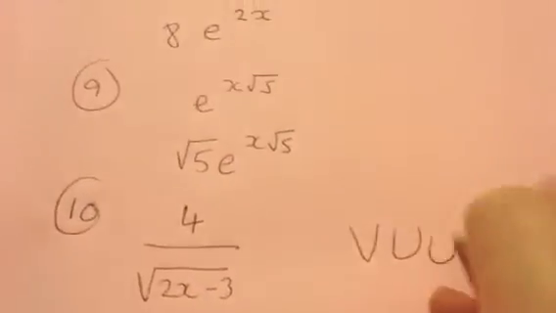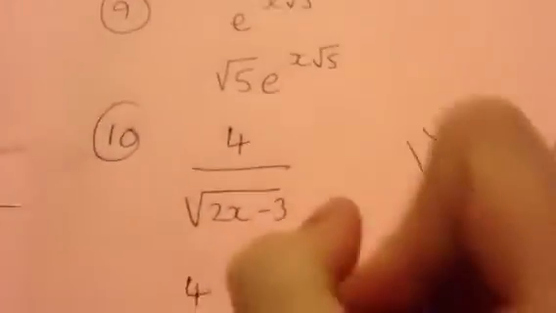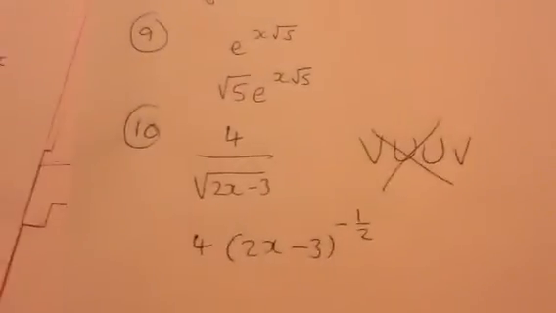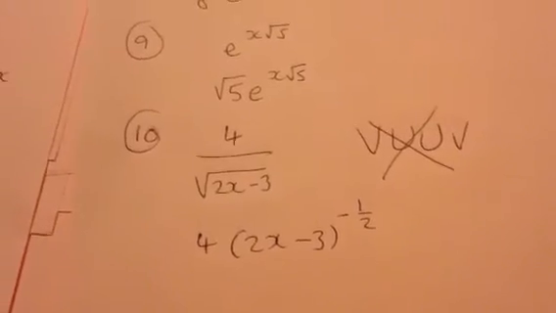Now a couple more before we finish this one, one of my favourites so far of my videos. 4 over root 2x minus 3. Don't do VUV. No, we have to realise it is just 4(2x minus 3) to the minus a half. So it's chain rule, and it's not VUV because it hasn't got an x on both sides.